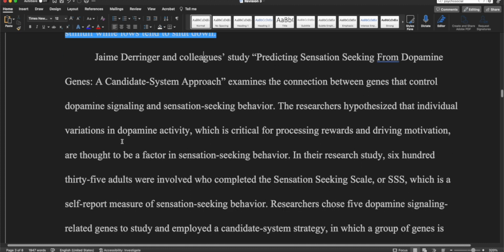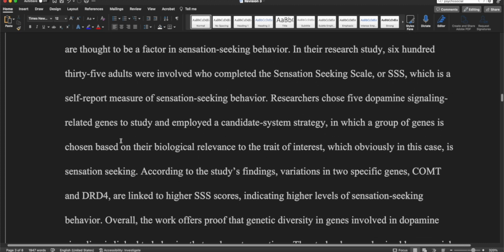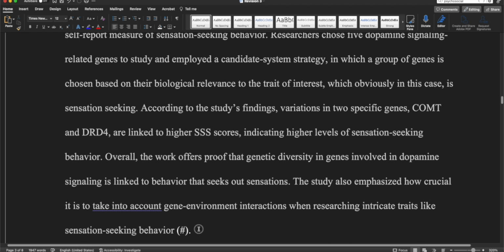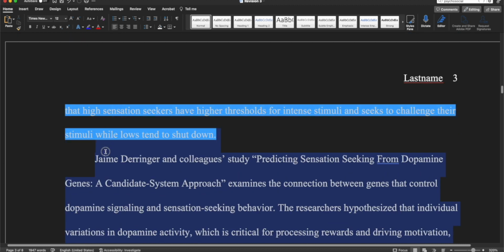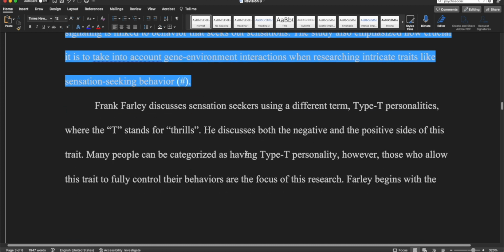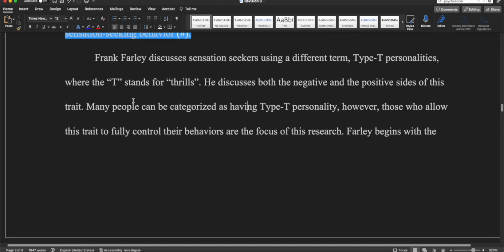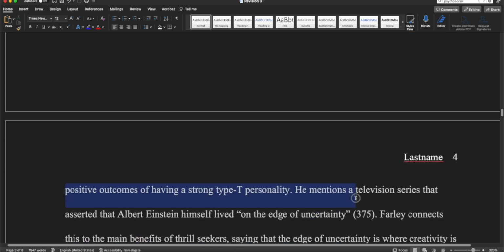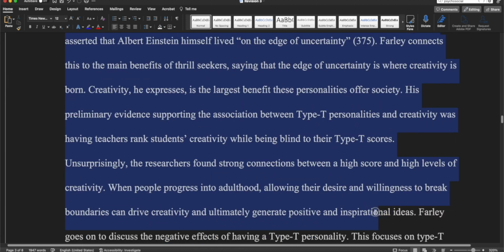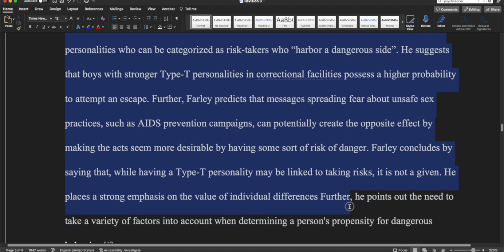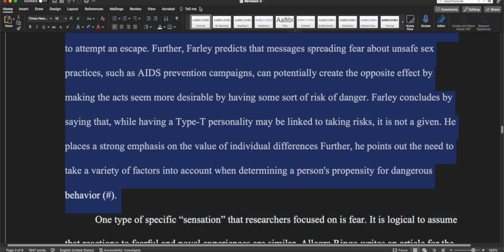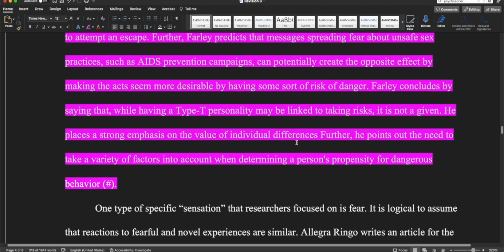Talking about dopamine, this is again biology, although at this point we're in neurobiology, so the line between biology and psychology is blurring a bit. Okay, type T personalities. Personality type is going to be psychology, right? So we will do pink for personality. That's bright. Wow.